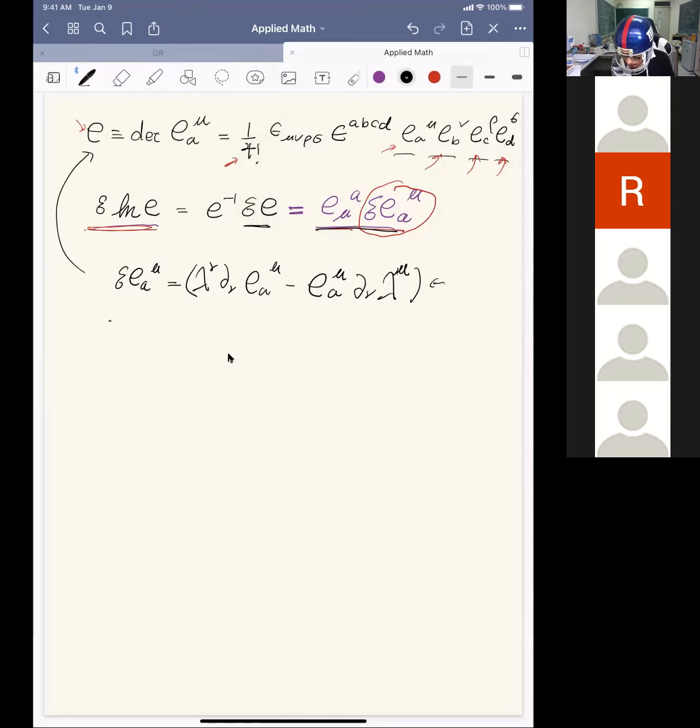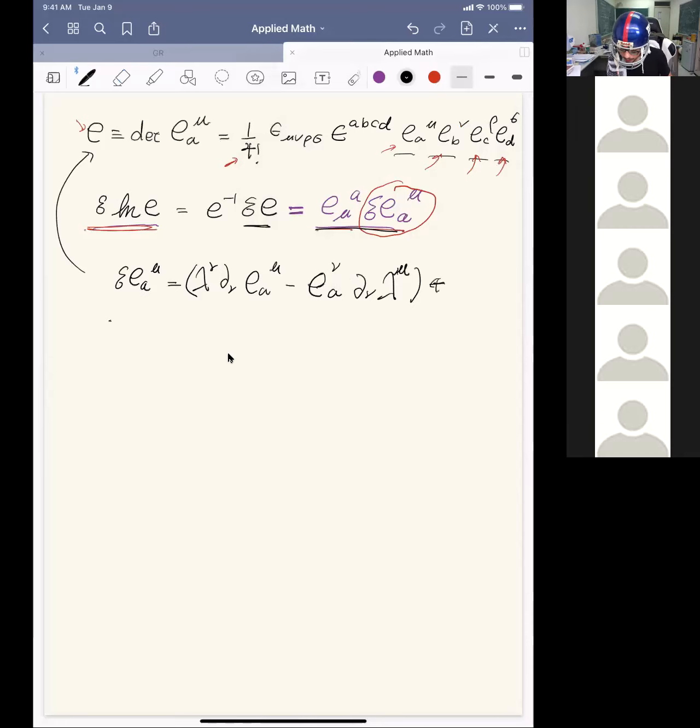There's no... yes, there's no lambda AB term, right?